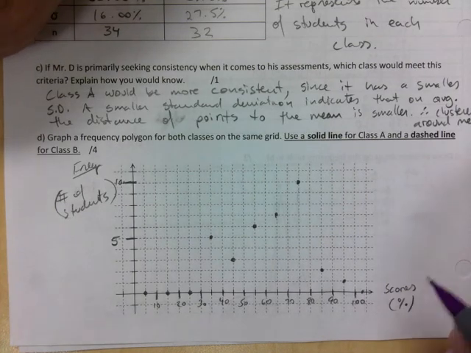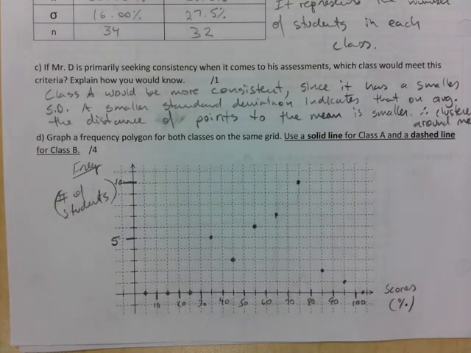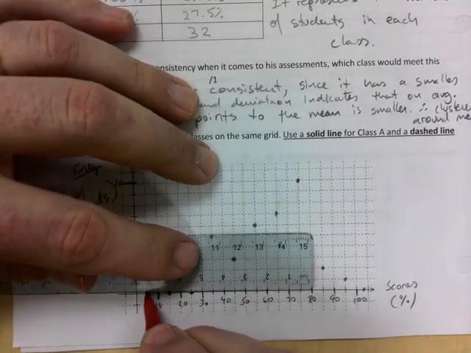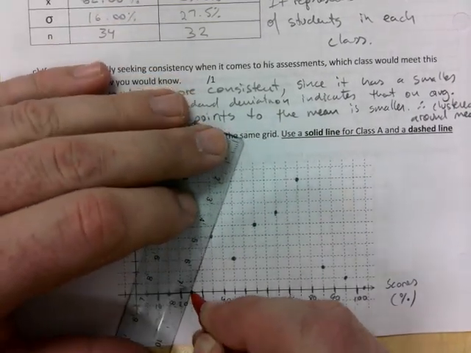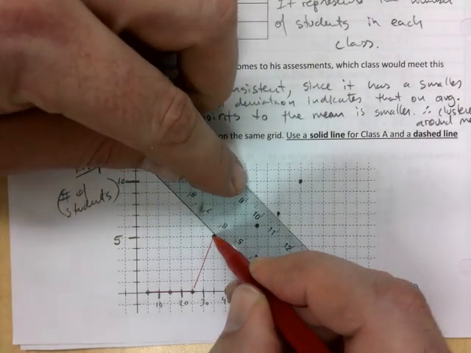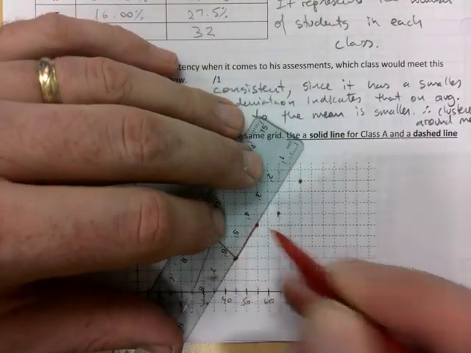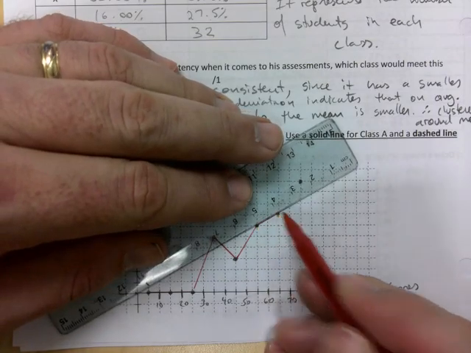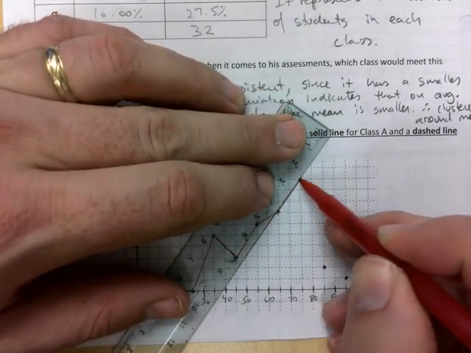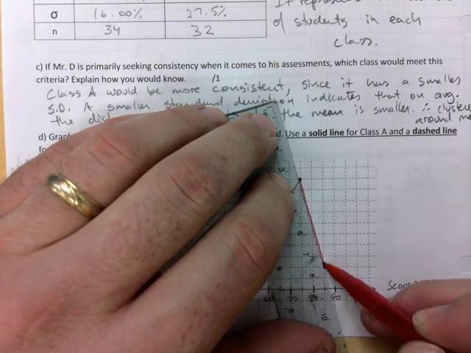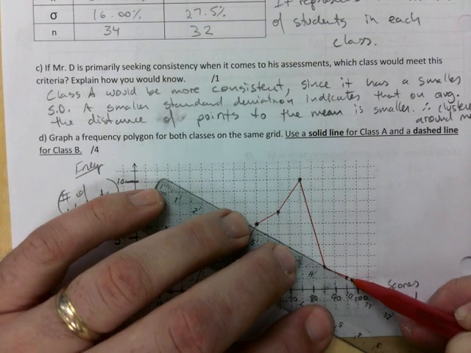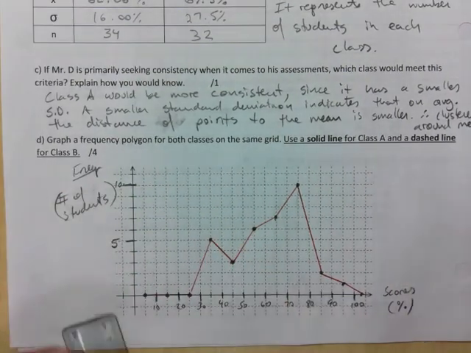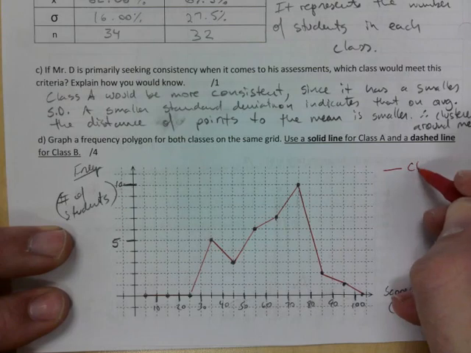And you always connect it to the ground if it's not automatically doing so. So I'm going to use a solid, maybe I'll just use red. Okay, so I connect all those midpoints, and then make sure you don't miss one. There we go. This is class A.